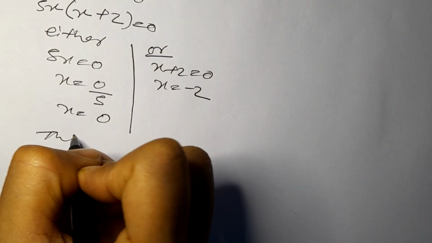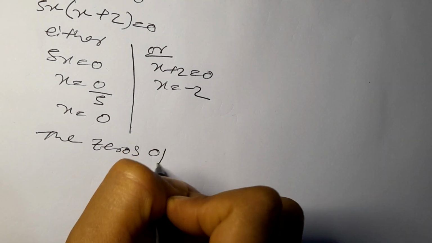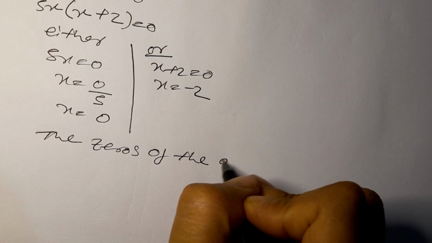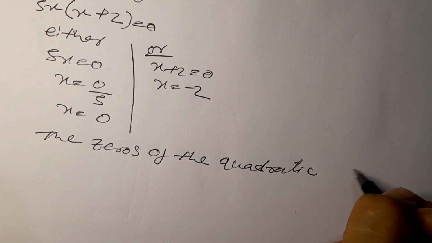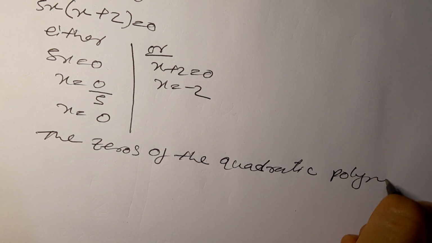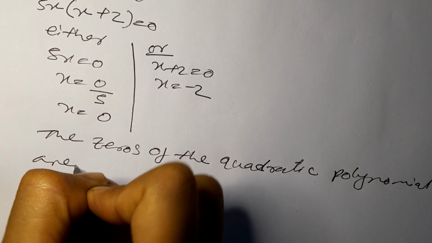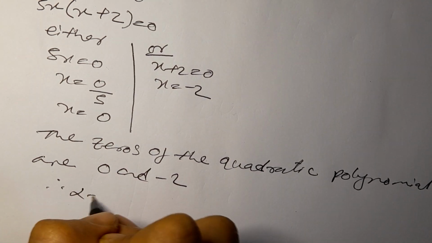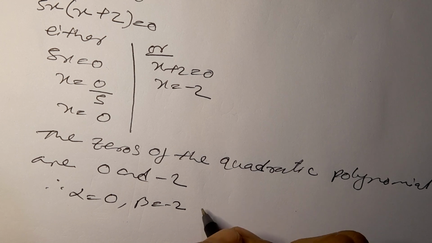So the zeros of the quadratic polynomial are 0 and minus 2. Therefore alpha is equal to the first one, 0, and beta is the second, minus 2.